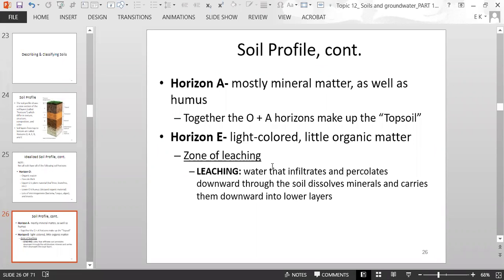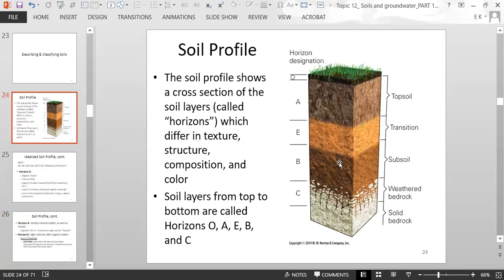So water goes into the soil layers from the top, like when it rains, for example. The water is going to go through the O and the A layers. It goes through the E layer, and the water will dissolve minerals from the soil and carry them downward, generally into the B layer.